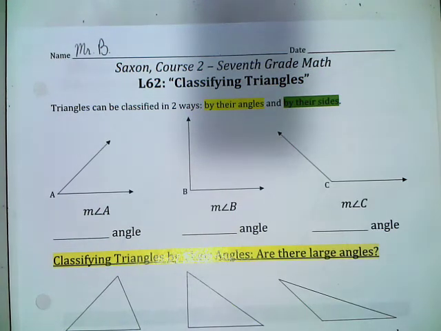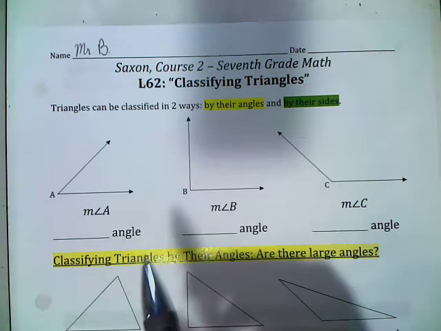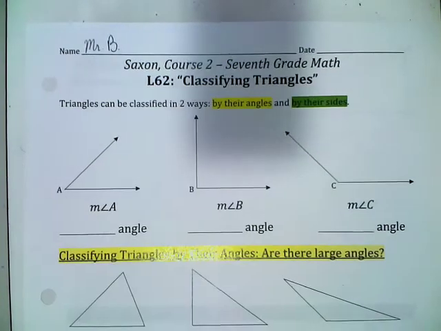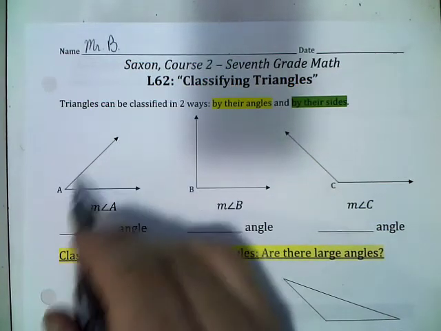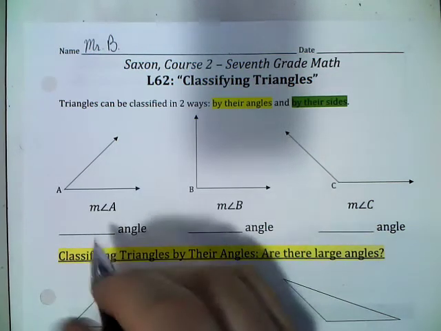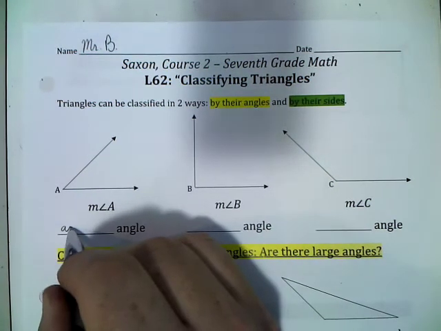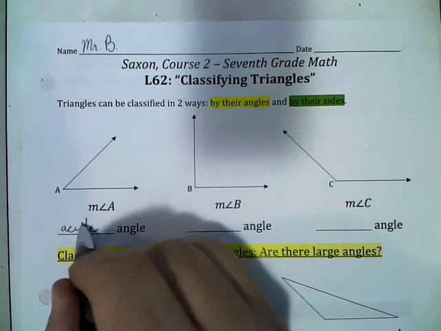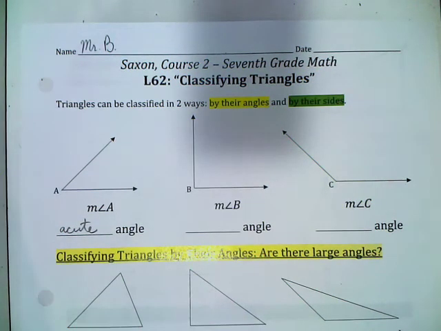So first of all, a little bit of review. When you look at this angle, what kind of an angle is angle A here? Hopefully you've called this an acute angle. And what makes angle A acute?